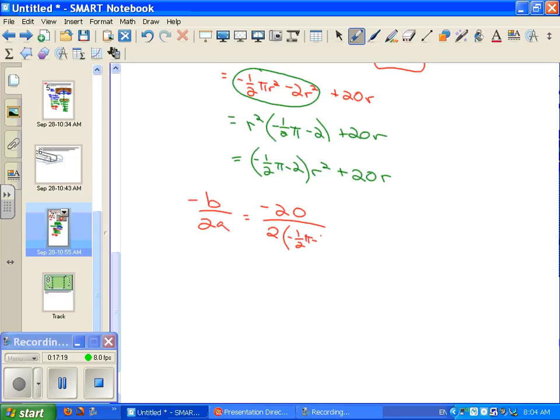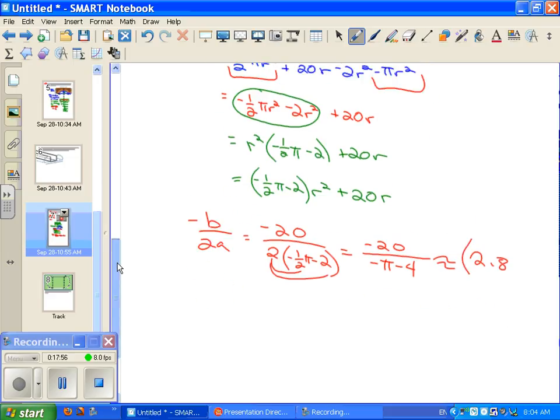It's not pretty. It works. So I got negative 20 over, well, I'm going to distribute this through. I'm going to get negative pi minus 4. And this is just going to be some decimal, and it's going to be a positive. So, negative pi minus 4. And I want to go negative 20 divided by that answer. And I get approximately 2.8.